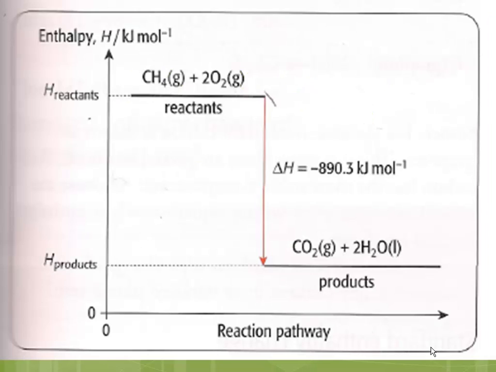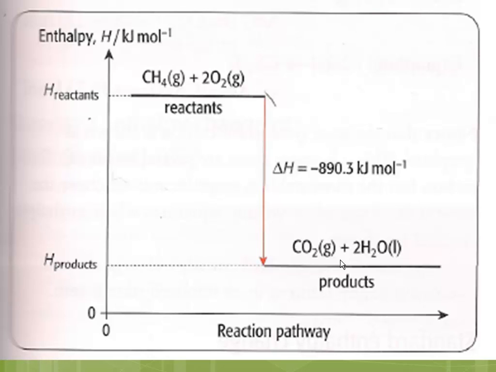Here's an example of an exothermic reaction. You have your reactants, and it takes a certain amount of energy, which you can find. To make the products, it takes a certain amount of energy. So notice that the reactants is larger than the products.